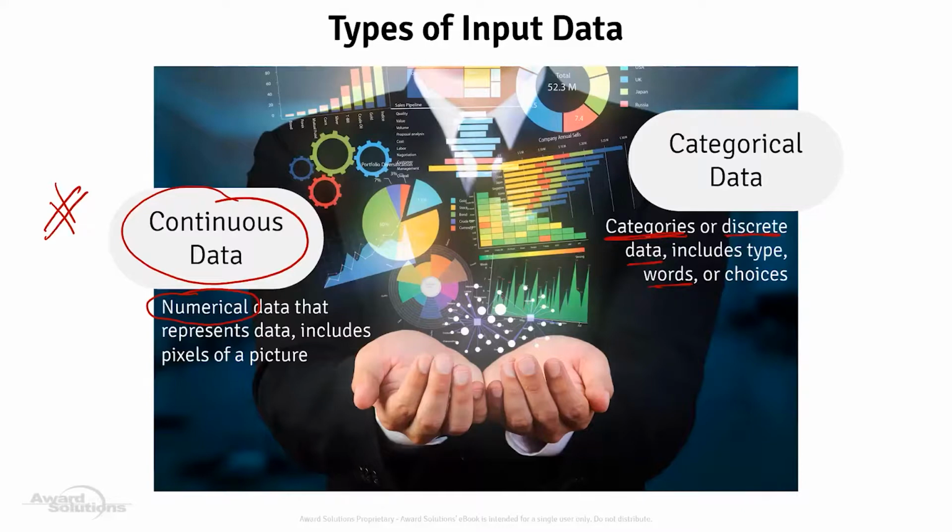Well, blue isn't necessarily better than red. They're just different. I need to somehow categorize blue, red, green, yellow, what have you. So that's where the categorical data comes in. Typically, categorical data is going to be something that is discrete in nature, and we're usually going to have to do some type of transformation of it to convert it into numbers so that we can use it as far as our algorithm, as our analysis is concerned.